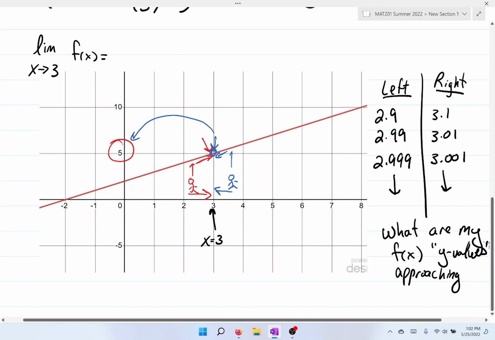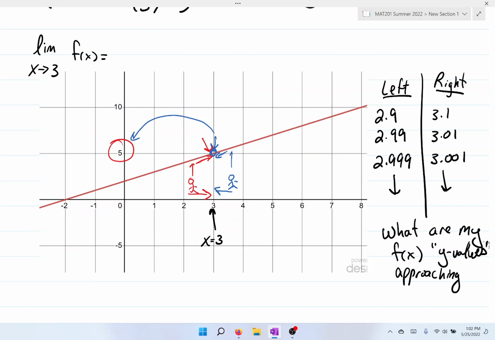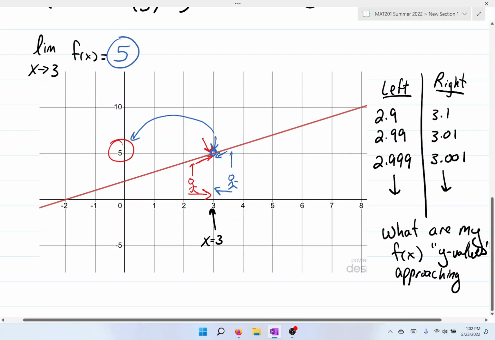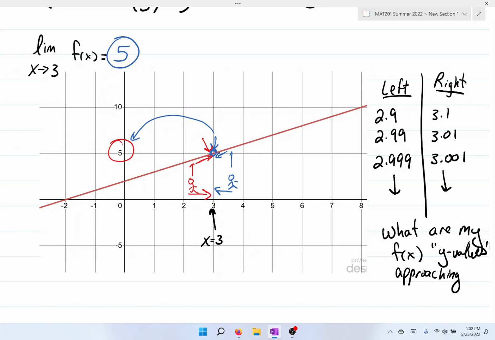So what we would say is the limit as x approaches 3 of f of x equals 5. Okay? So it doesn't mean that we're exactly at 3. Limits allow us to be infinitely close to 3 without actually being at 3 itself. All right?